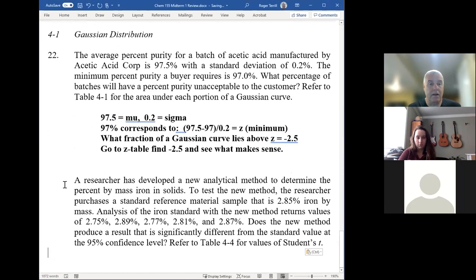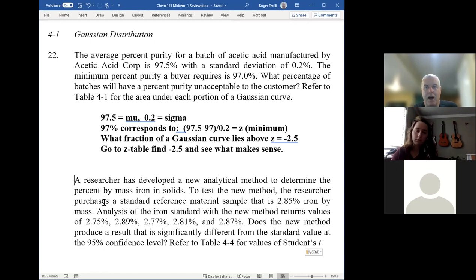A researcher developed a new analytical method to determine the percent by mass iron in solids. To test the new method, the researcher purchases a standard reference material that's 2.85% iron by mass. Analysis of the iron standard with the new method returns values of so on. Does the new method produce a result that is significantly different from the standard value at 95% confidence?